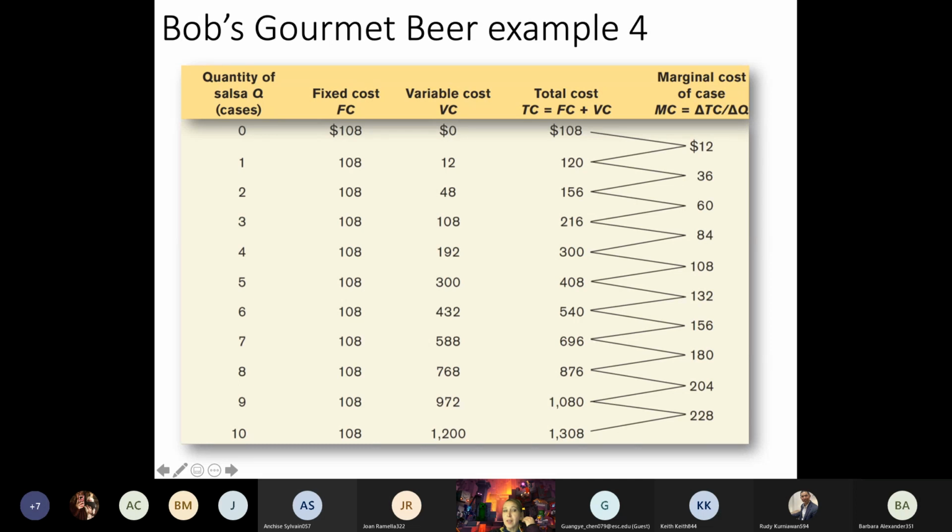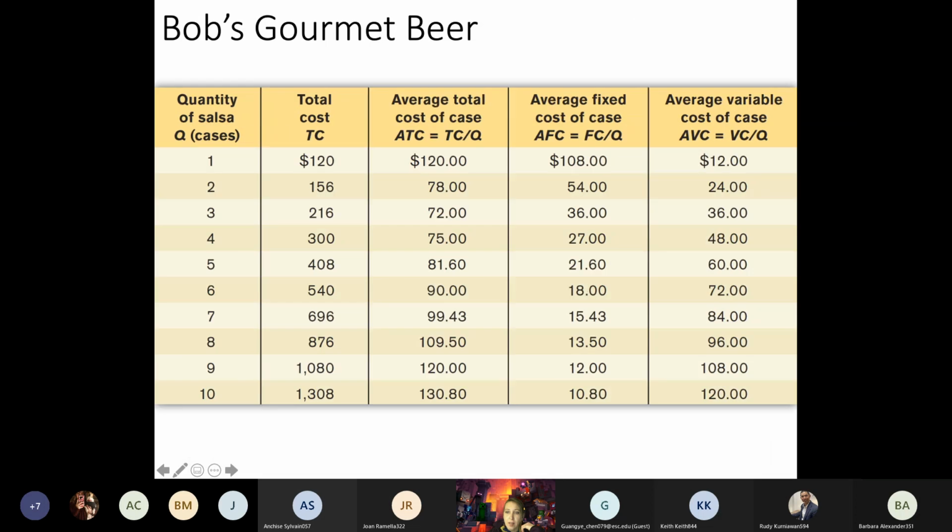So the number of cases increases by 1, whereas the cost increases by different numbers. So by 12, by 56, by 60, by 84. So the marginal cost in this example is going up for every additional case.